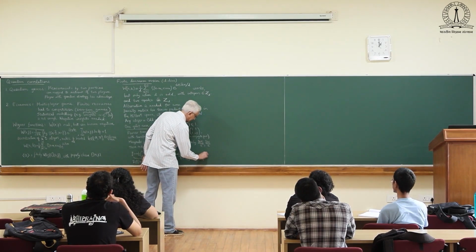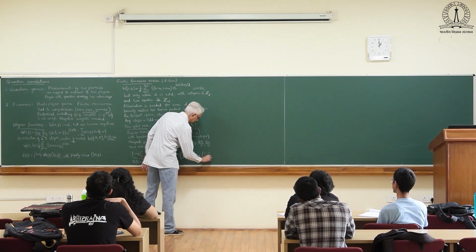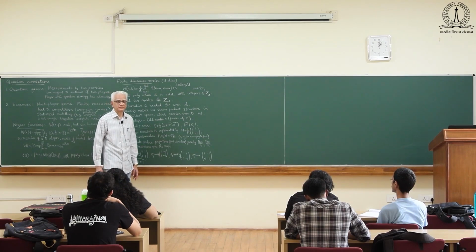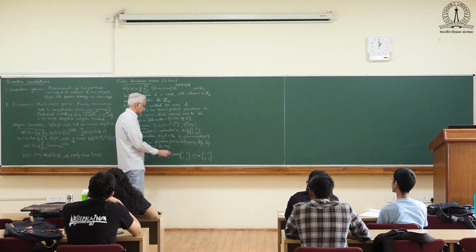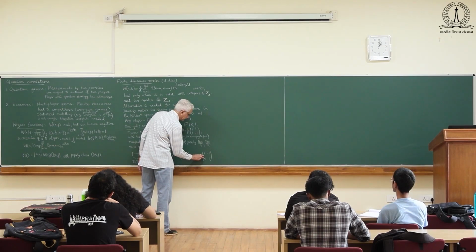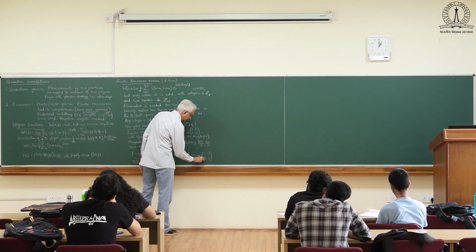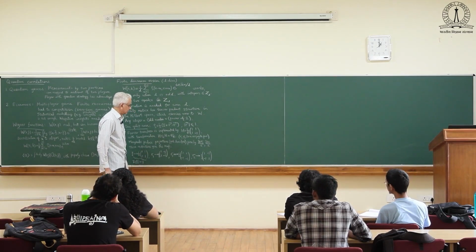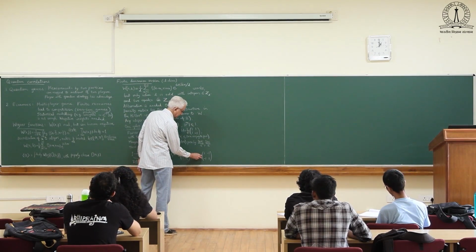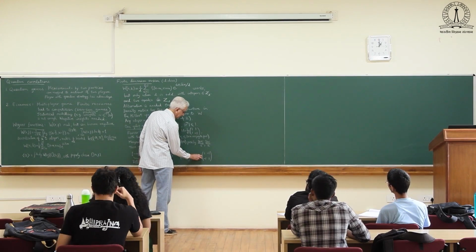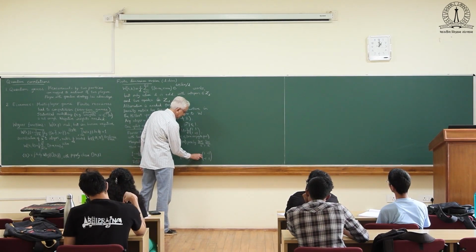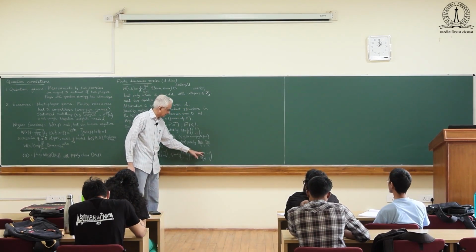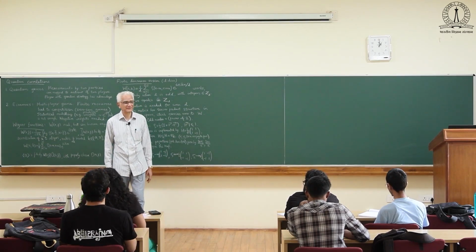And the answer is yes. And this is the third choice. There is, of course, a half. But there is an ambiguity that I can put -1 on this diagonal, or I can put it on that diagonal.